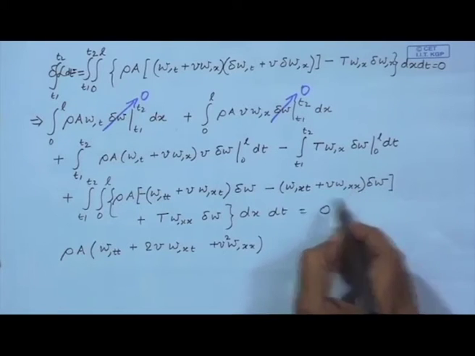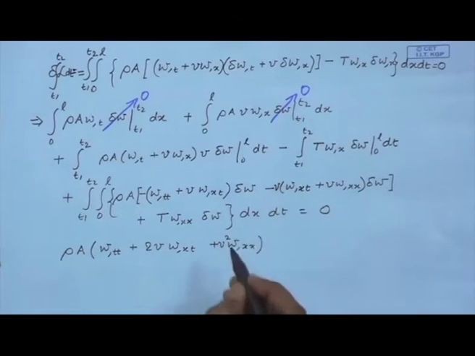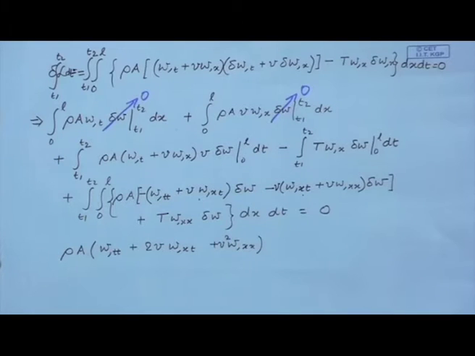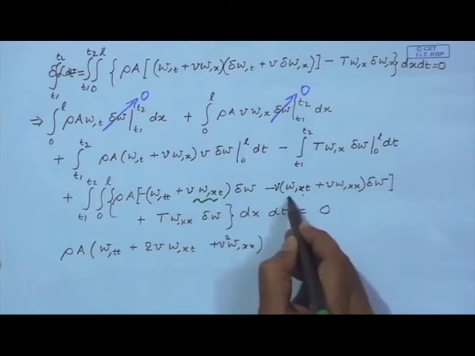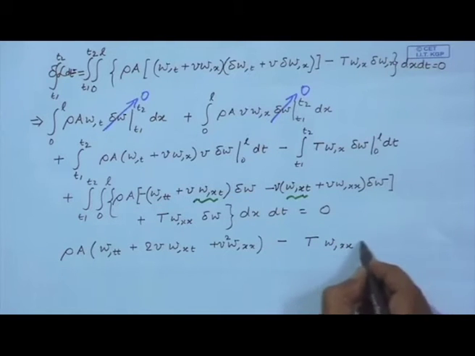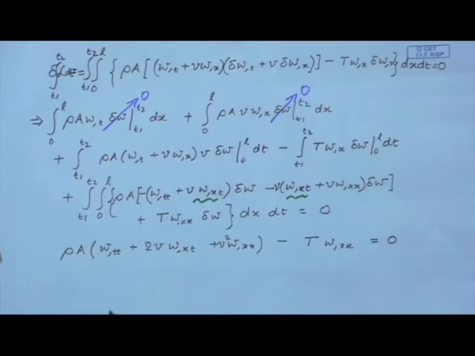So, here we have one v additionally. So, these two terms add up to give us this 2 v w x comma x t, and this term comes from here, and we have this additional term from the potential energy. So, this must be 0.